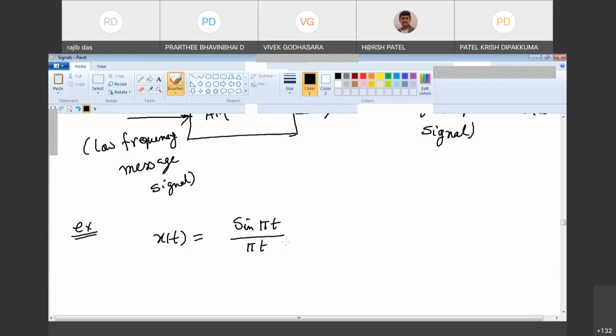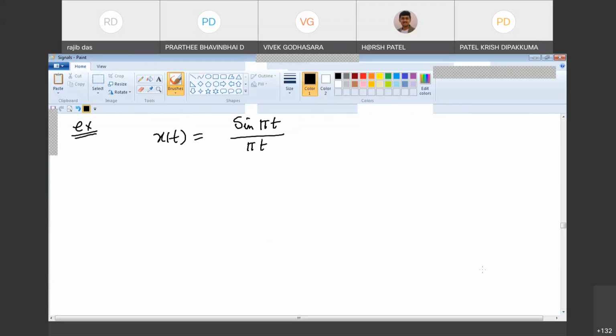Okay. So can you draw this signal? Is it possible to draw the signal?